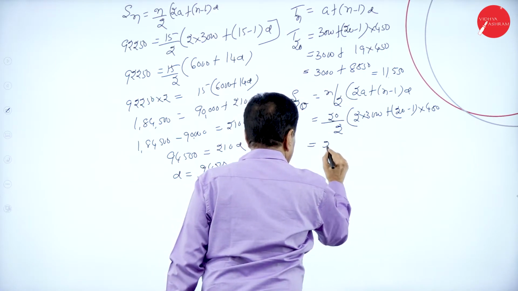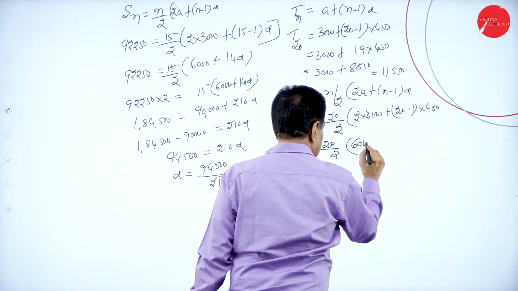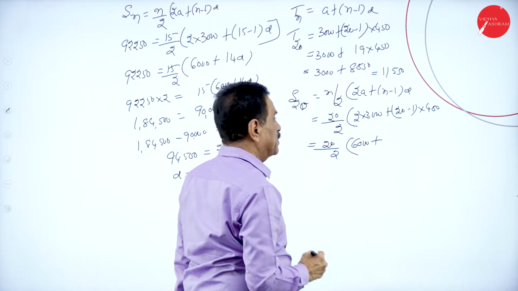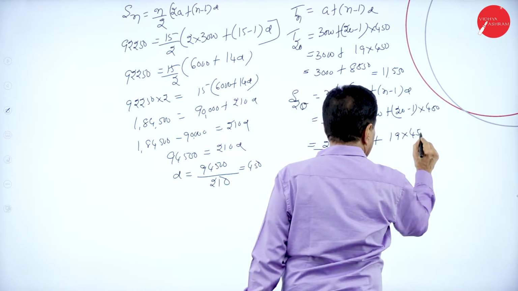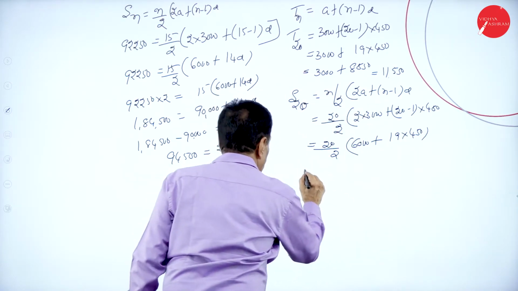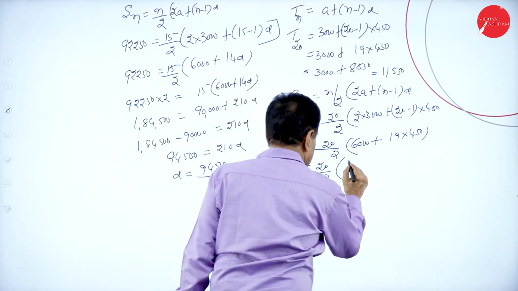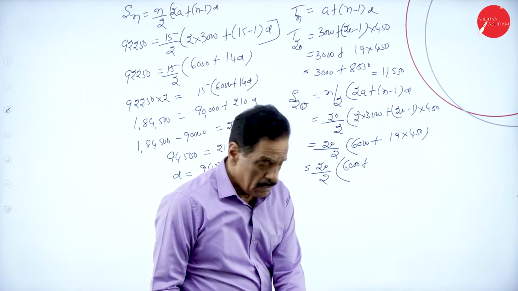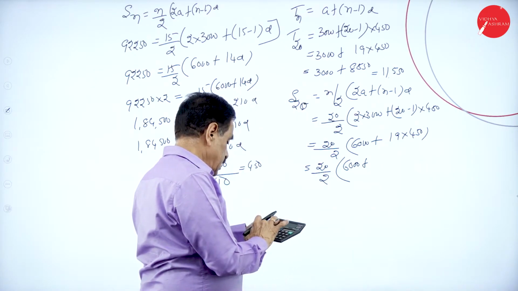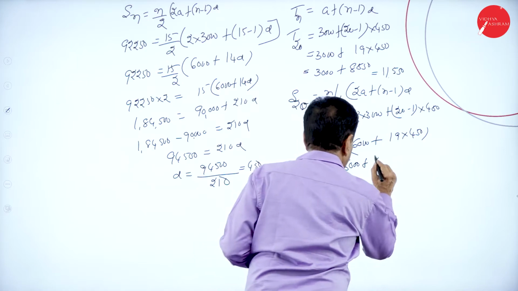This is 20 divided by 2 into 6,000 plus 19 into 450, which is 8,550.